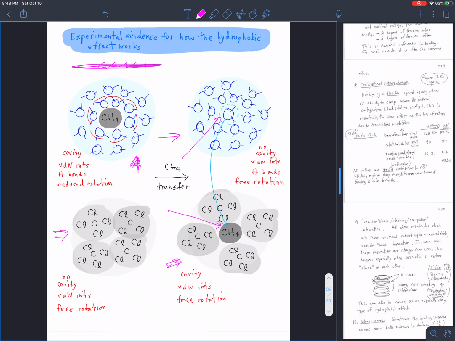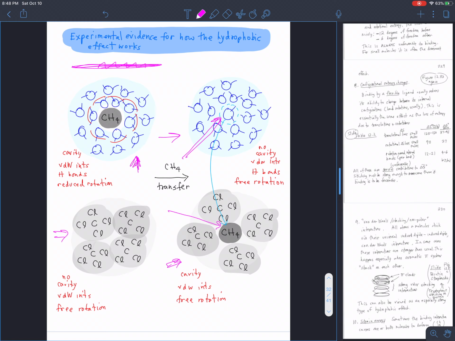And what the delta H values we saw down below are saying is that that isn't a great big effect one way or the other. In fact, it's a little unfavorable. The actual sticking interactions are a little bit stronger in the water than they were in the carbon tetrachloride.